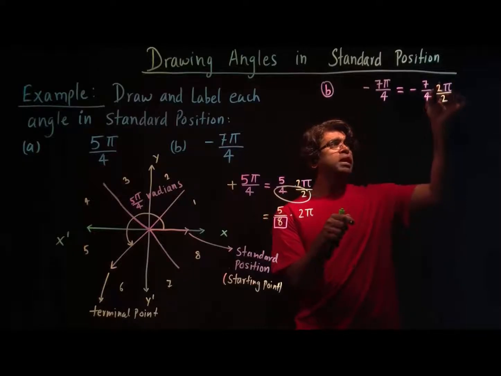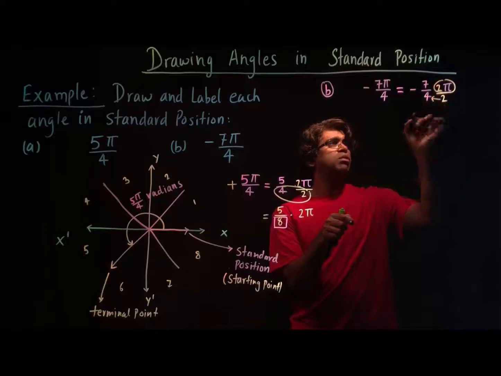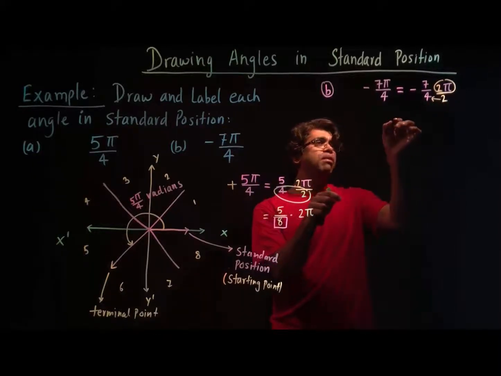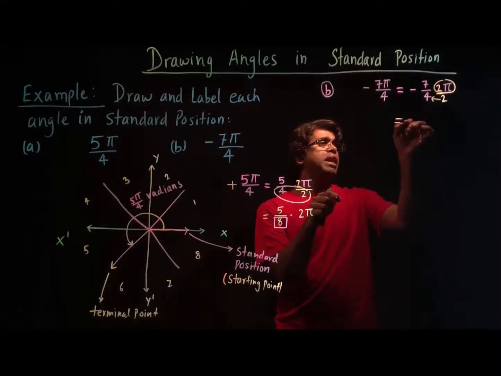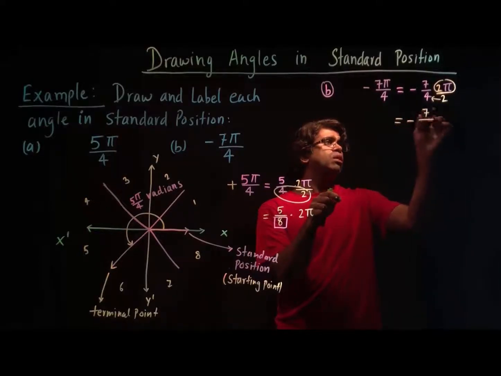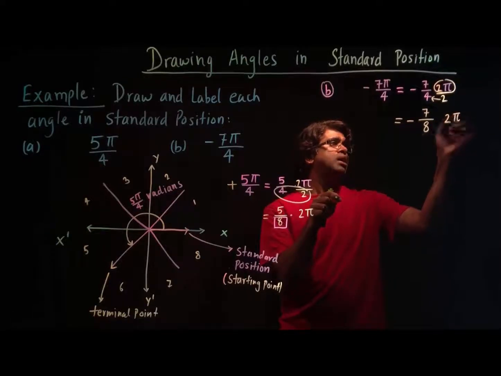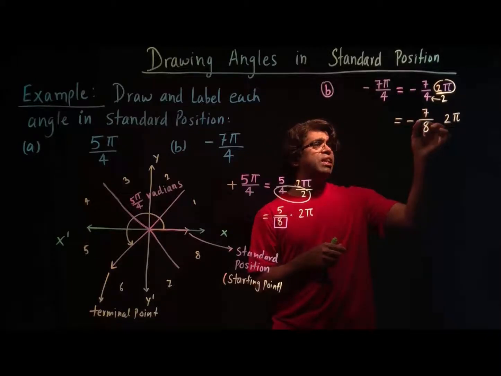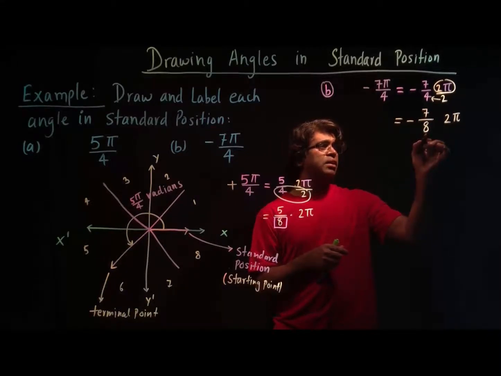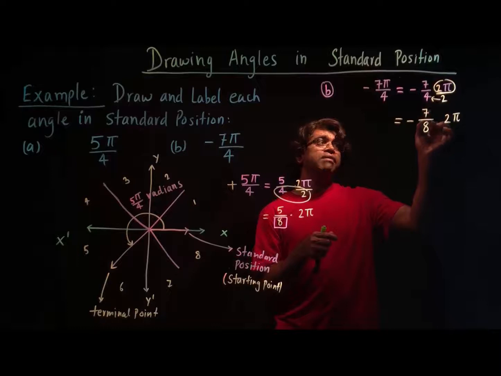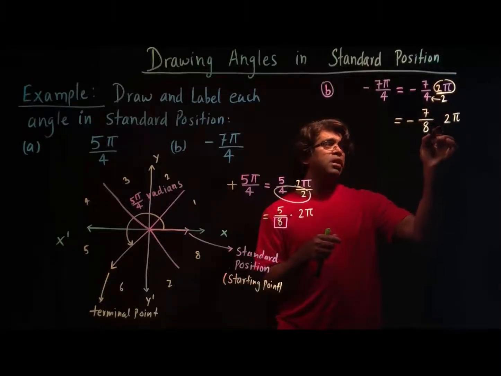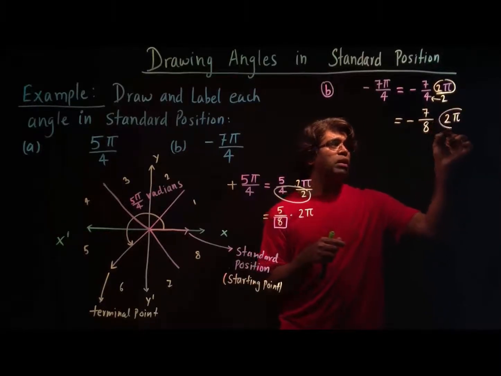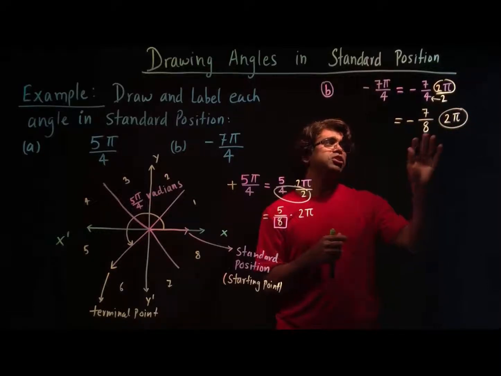The numerator 2 stays with pi to make 2 pi, and the denominator 2 goes with 4. Simplifying, I have negative 7 over 4 times 2, which is 8, times 2 pi. So we are considering 7 parts out of 8 parts of one complete revolution, which is 2 pi.